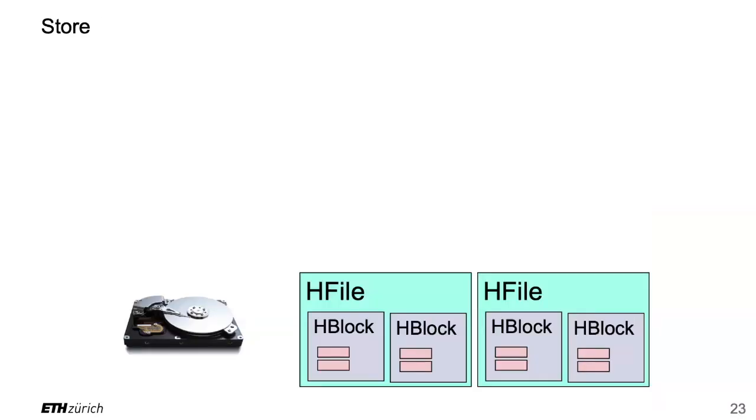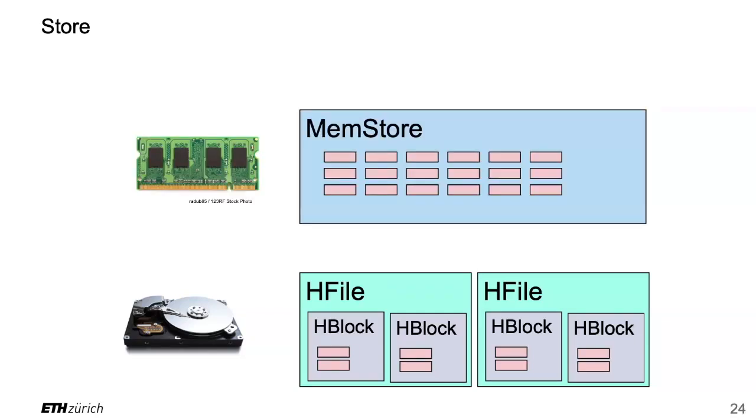And here's the answer. The idea is that we have on HDFS all of these HFiles for a given store, made of HBlocks, made of key values. And so the idea is that if you want to read HBase and you want to know the data because of a scan or because of a get or something, you in fact need to look at two places.